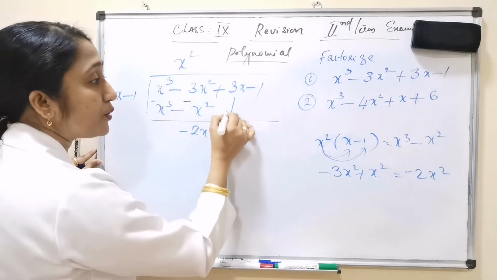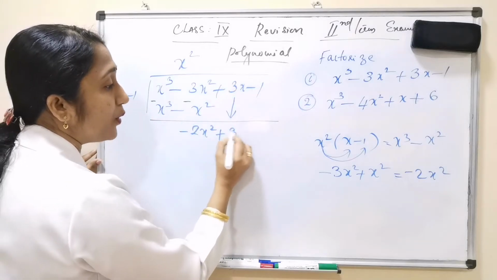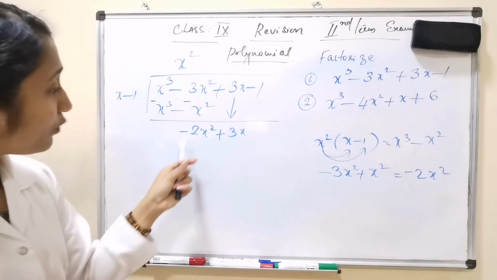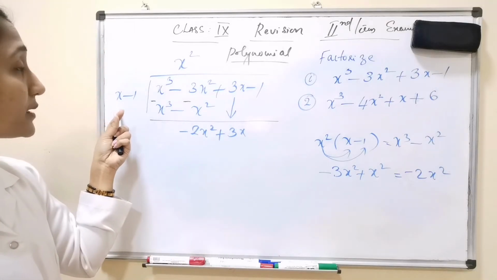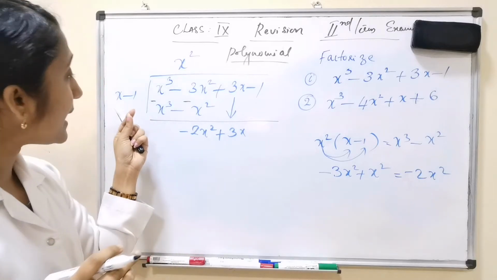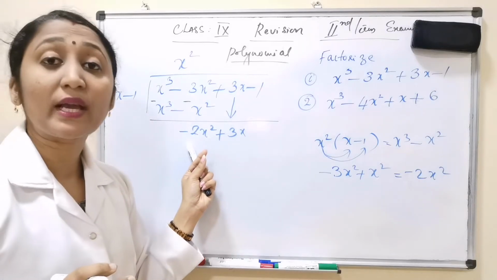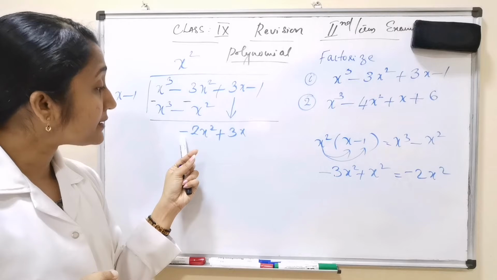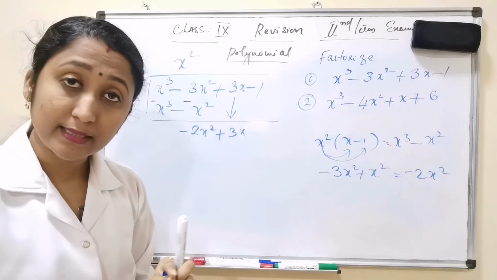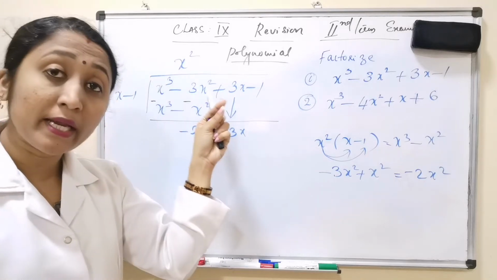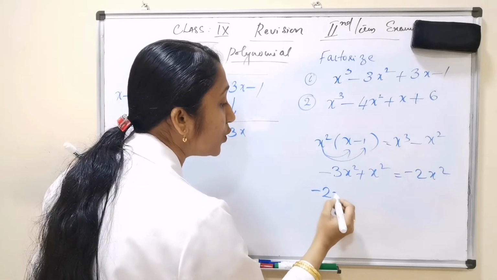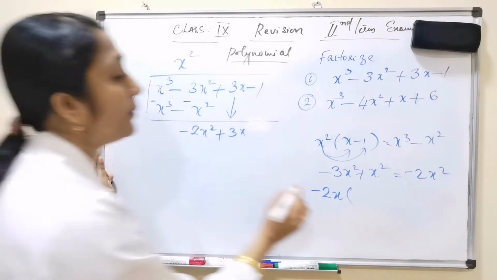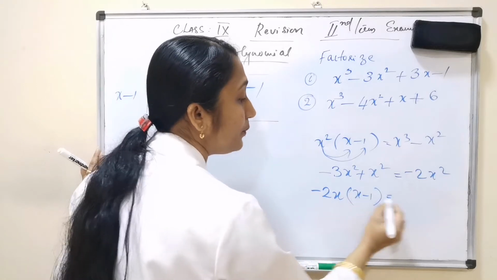Next step, we have to bring this 3x down. Next, what is here? Minus 2x square and here x. We have to multiply this x to become minus 2x square, so you have to put minus, 2, that is minus 2x. So you have to multiply this minus 2x into this term, x minus 1.